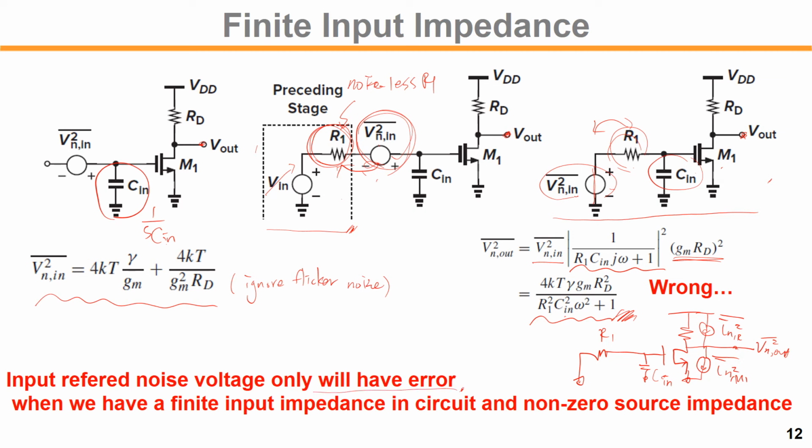It doesn't properly represent the circuit noise when we have a finite input impedance in the circuit and also a non-zero source impedance like R1 shown here. So in this case, just the voltage noise, the equivalent input referred noise voltage itself, is not enough. So we have to consider a current noise source, an input referred current source. We will see that later in the next slide.